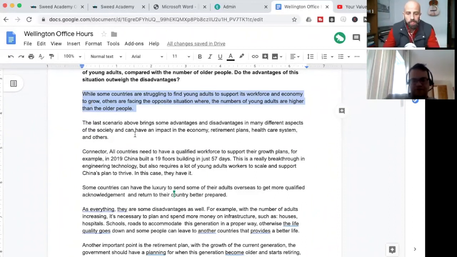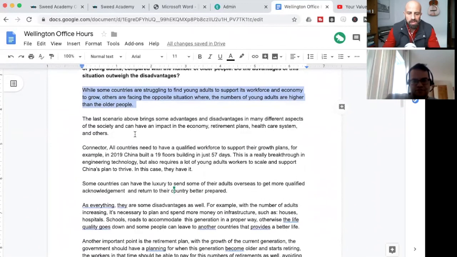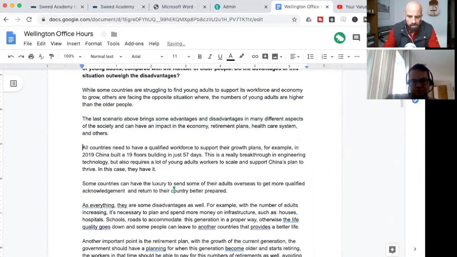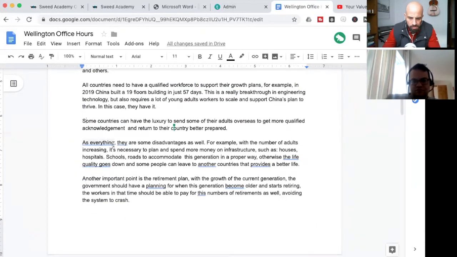These paragraphs are pretty short. It looks like it's only 1 sentence. And well, I wrote this connector here, but I don't see many connectors.